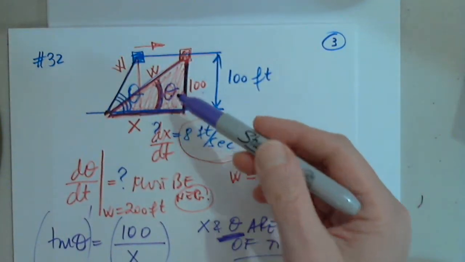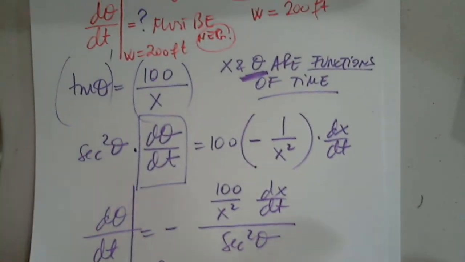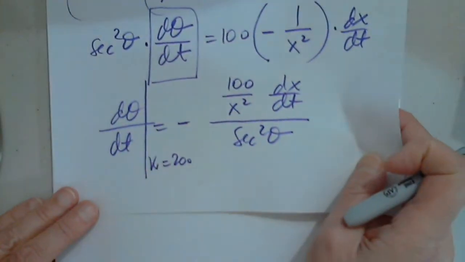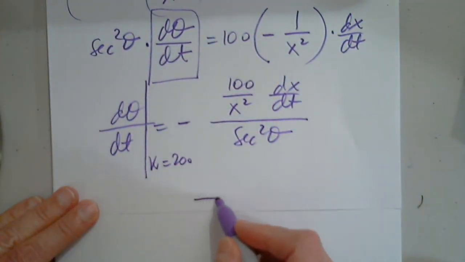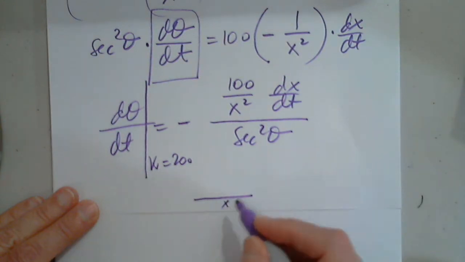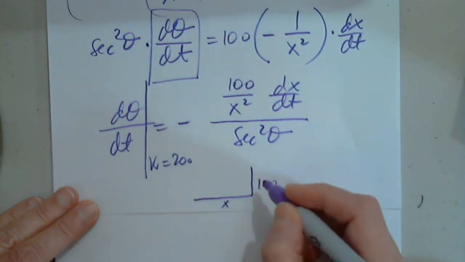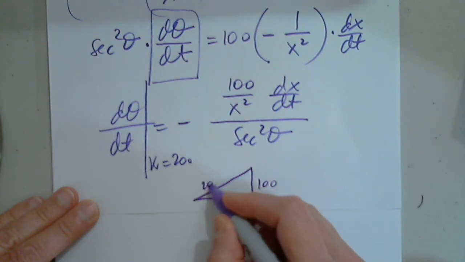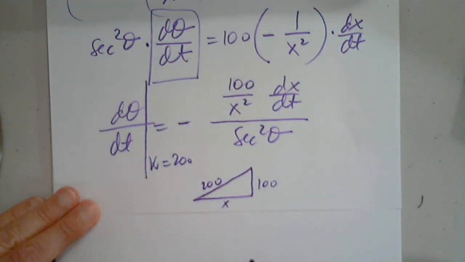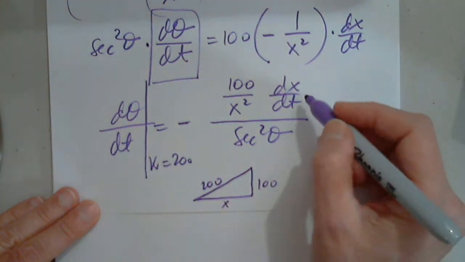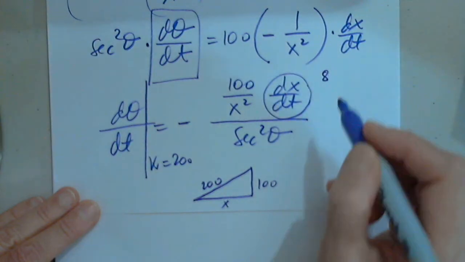So now, what does W being 200 mean? So I have here x, I have this 100, and I have this 200. So dx over dt is given to us as 8 feet per second.